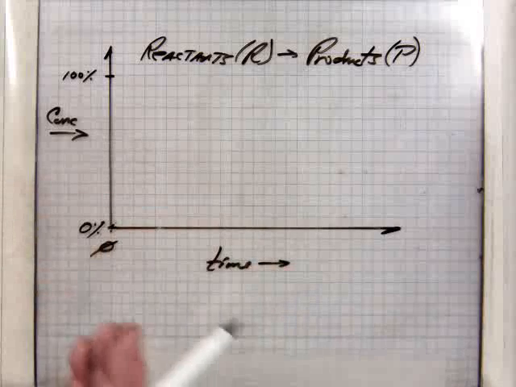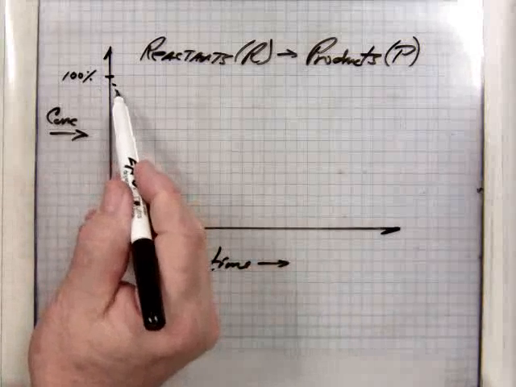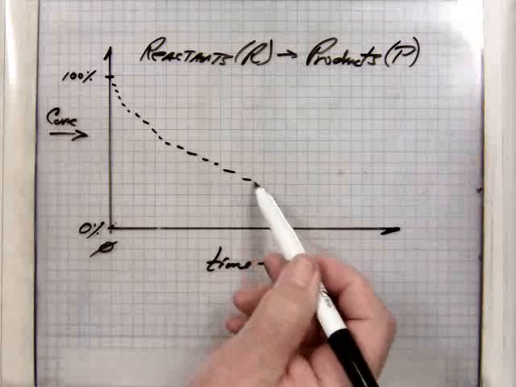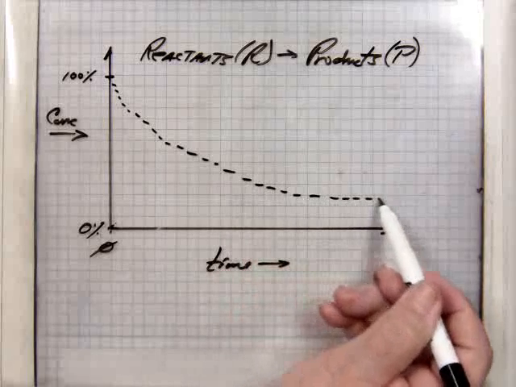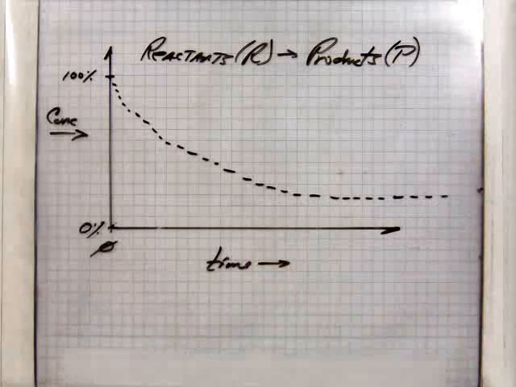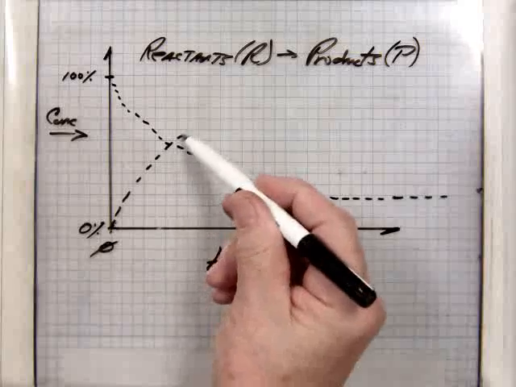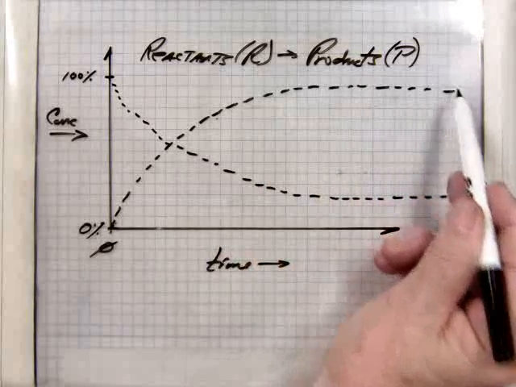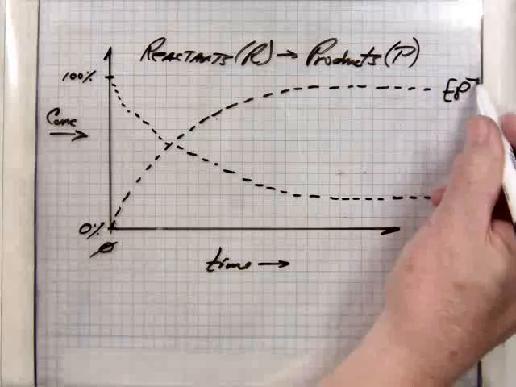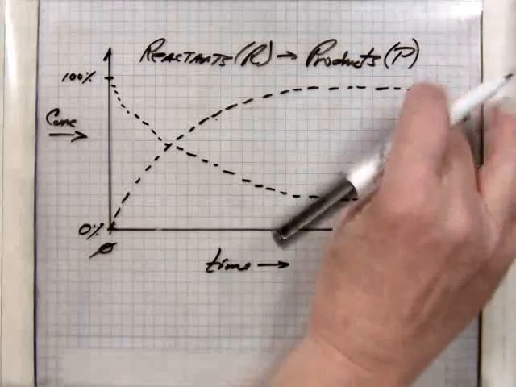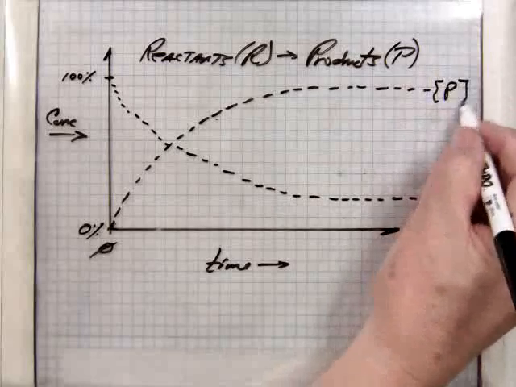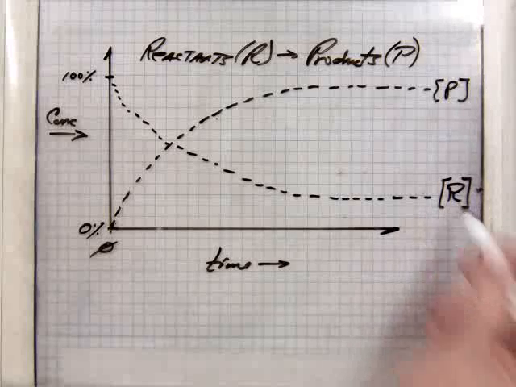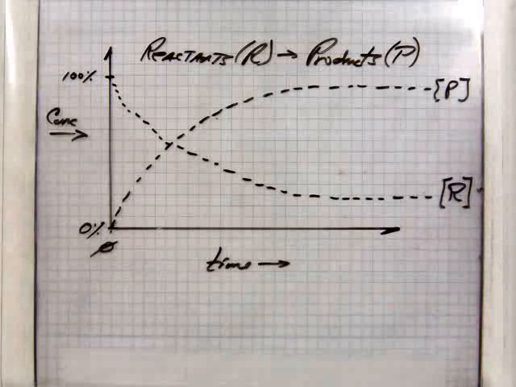Then we open the gates and let the reaction run, and it's a logical deduction that the concentration of the reactants will begin to decrease systematically and smoothly in a parabolic fashion like that, while the product concentrations formed from the reactants will increase, as shown. Like that.